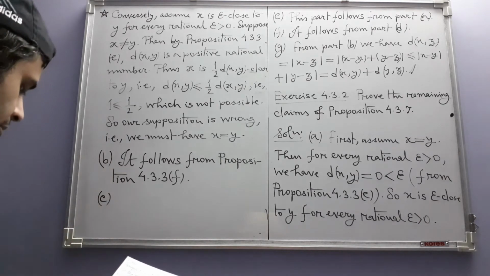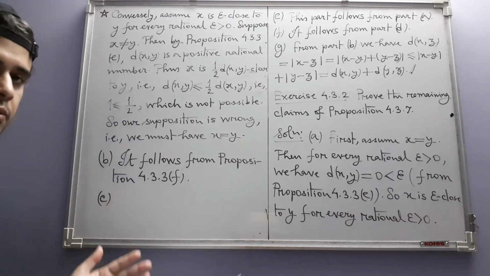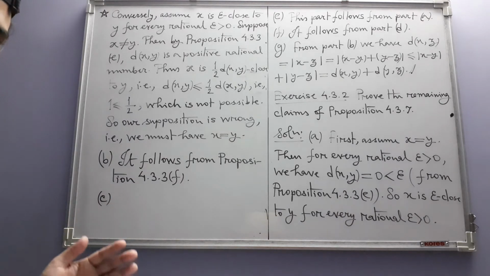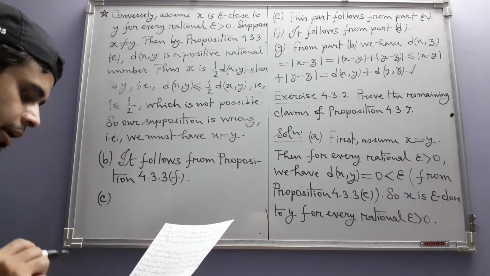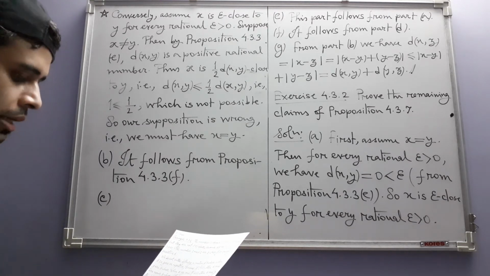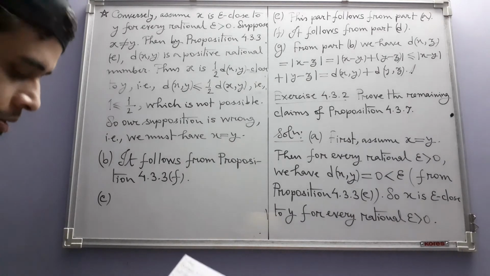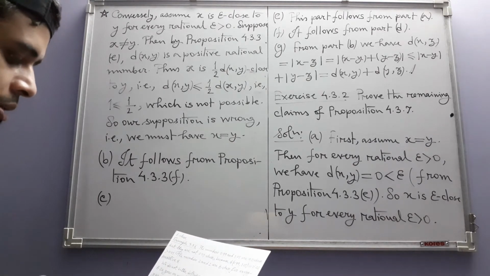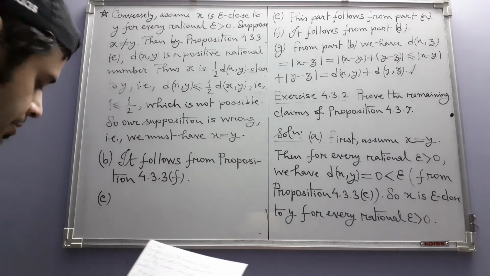Then part C. Okay, in part C we are given two positive rational numbers epsilon and delta, and also it's given that x is epsilon close to y and y is delta close to z. We have to prove that x is epsilon plus delta close to z.